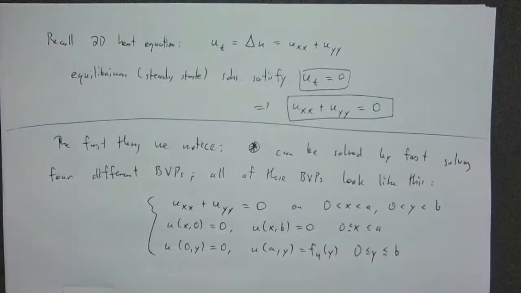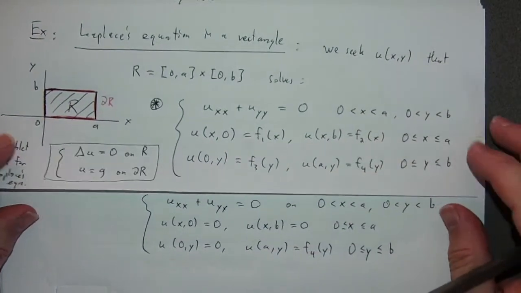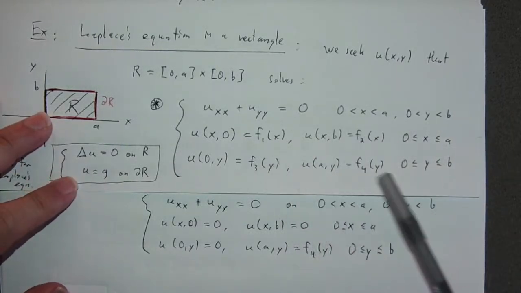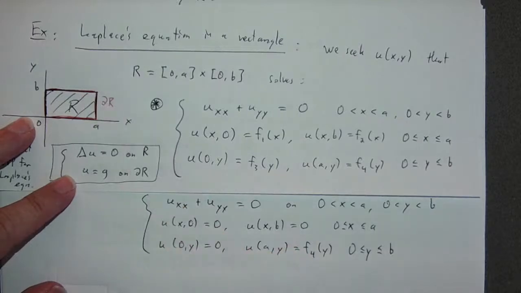Okay, let's compare. All I did here is zero out all of these functions except for the last one, the one on the right end. That's the only one I didn't zero out.